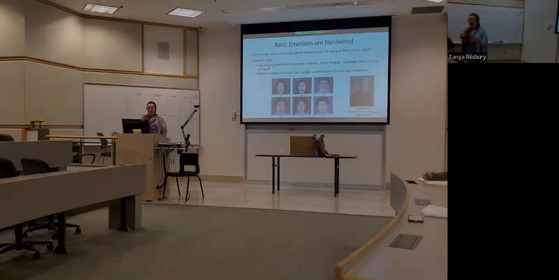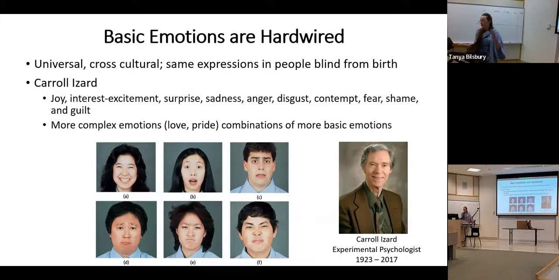So basic emotions are hardwired. They're universal. They're observed cross-culturally. You see these expressions in people who are blind from birth, right? Who's never seen a facial expression on another person. They still smile when they're happy.